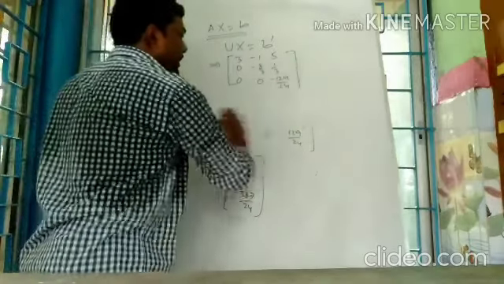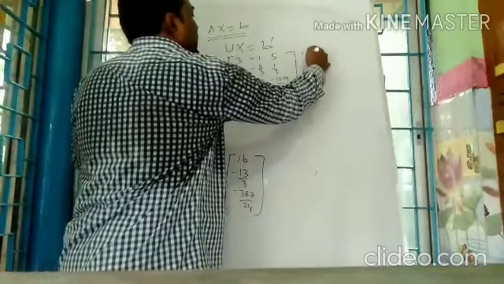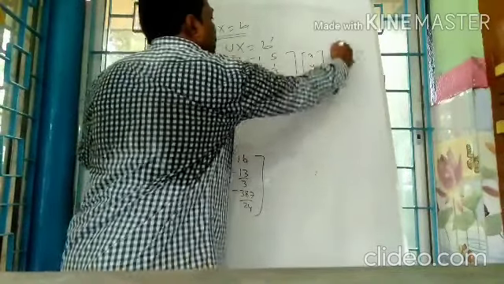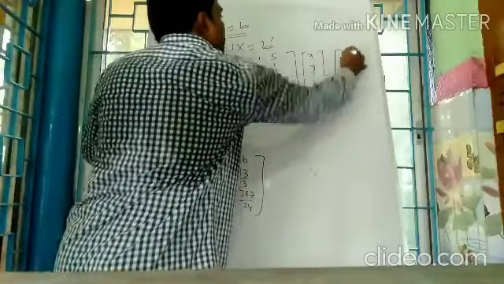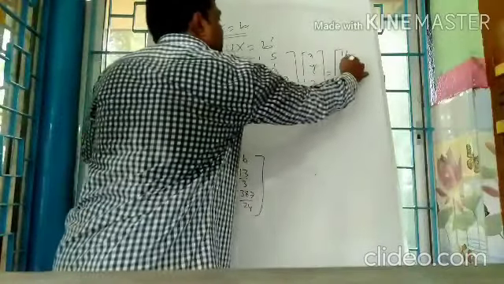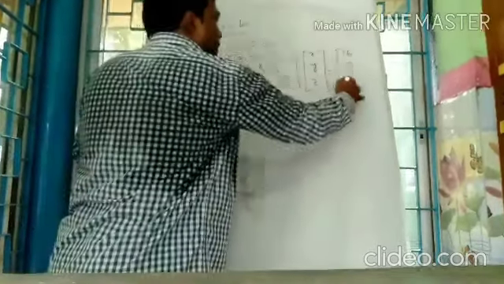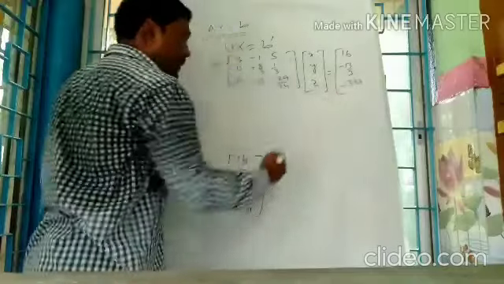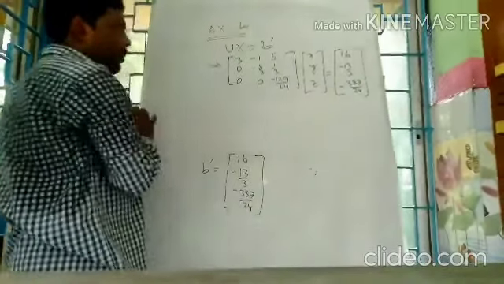The vector X is [x, y, z] equals the reduced B, that is B dashed, [16, -13/3, -387/24].